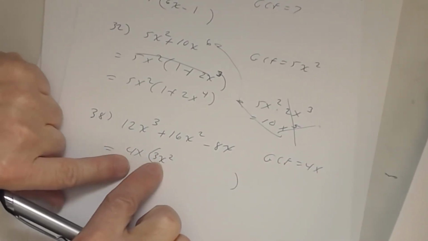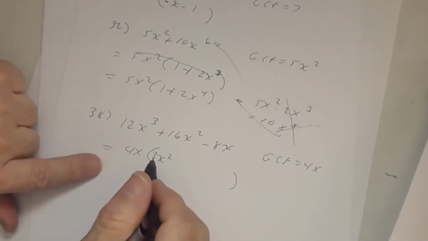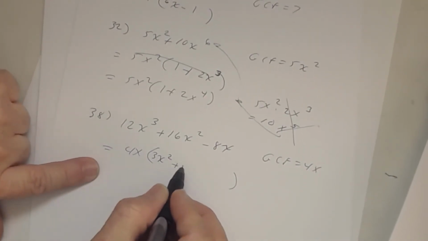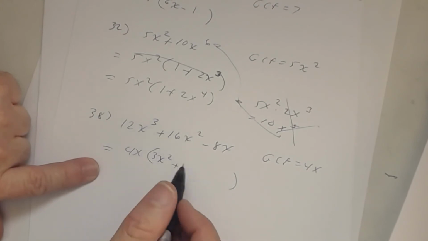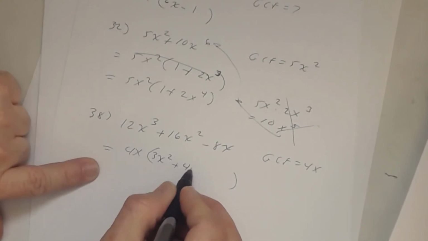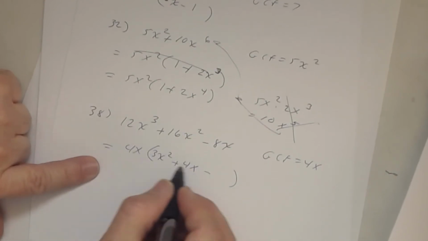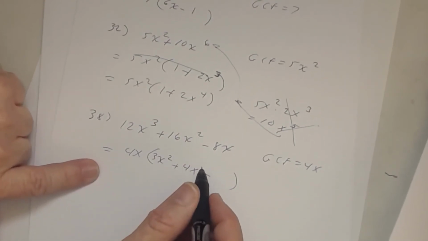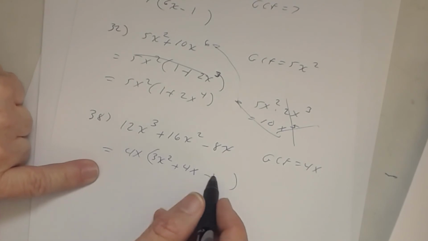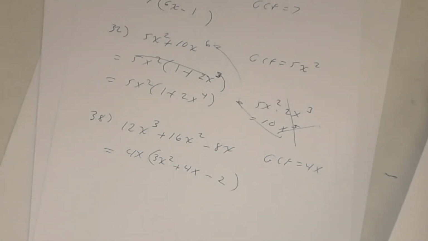And then x times x squared is x cubed. Plus 4x times what is 16x squared? 4x. Okay? 4 minus, and then 4x times what is 8x? 2. Just 2. Okay? That's your answer.